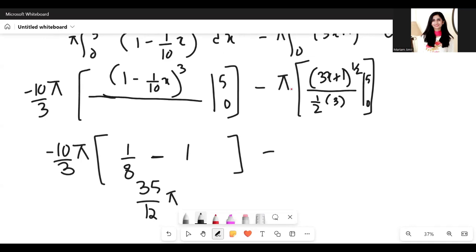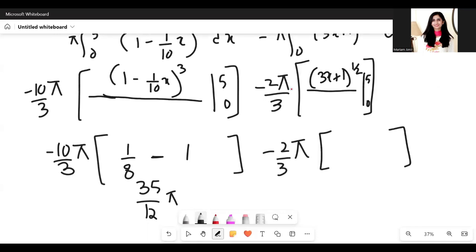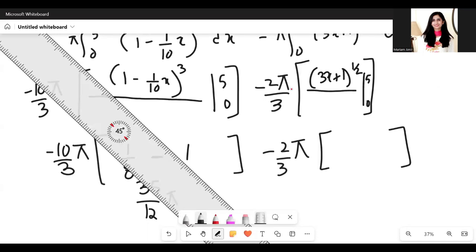Okay, let's check the second one out. In the denominator, we have 3 over 2, so 2 over 3 comes outside. So that's out now. Okay, we have a 2 over 3 here. Now let's substitute 5 and then 0.